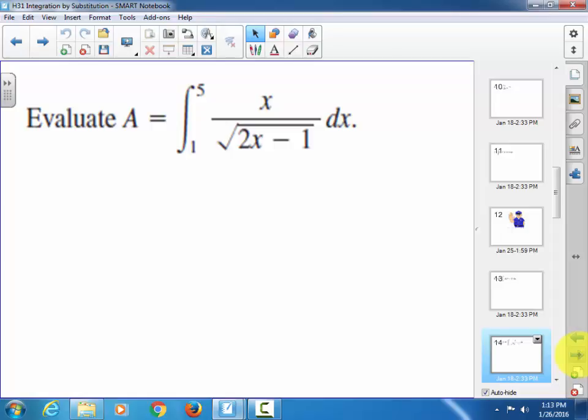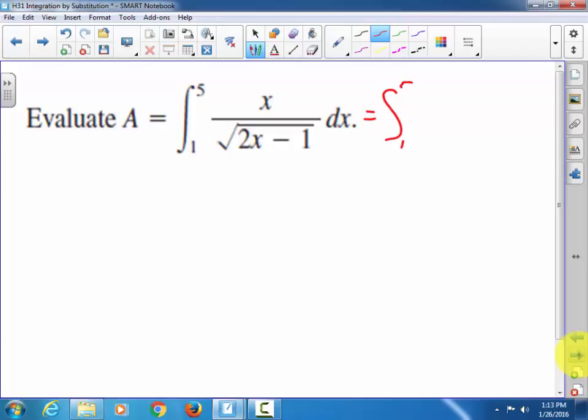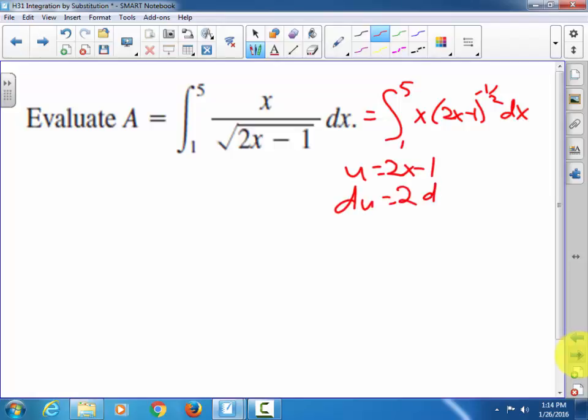Okay. So how do you integrate this? Where did you start off at, Sarah Beth? X times 2x minus 1 to the negative 1/2. Okay, so u equals 2x minus 1, du is 2 dx. We don't have a 2. We have this.